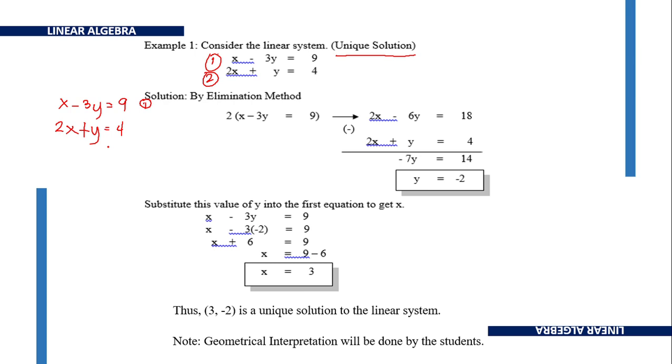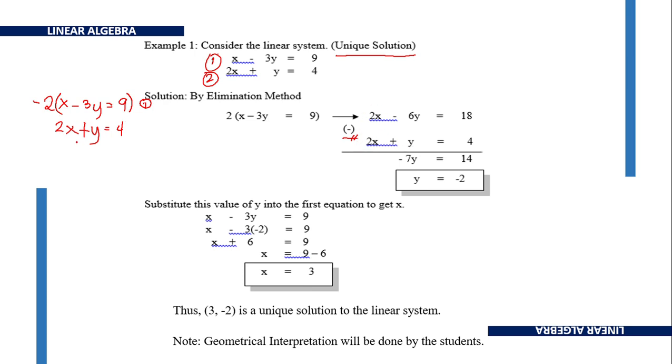Yung nandito sa PowerPoint natin, ang in-eliminate niya is x. Paano natin i-eliminate itong x? We just need to multiply by negative 2 or 2. Pag negative 2 yung minultiply nyo, hindi nyo na kailangan ilagay ito. Pero kung 2 lang, you can put negative here para ma-minus.